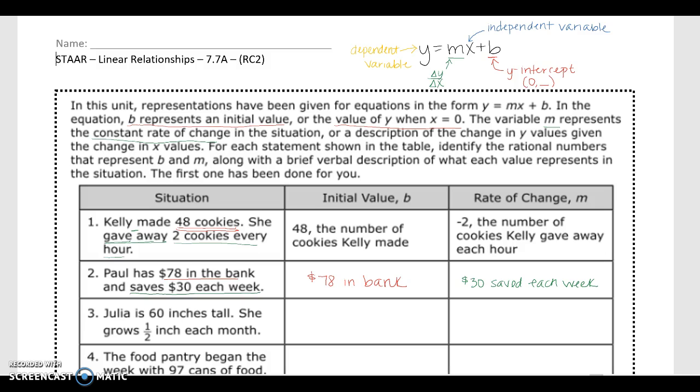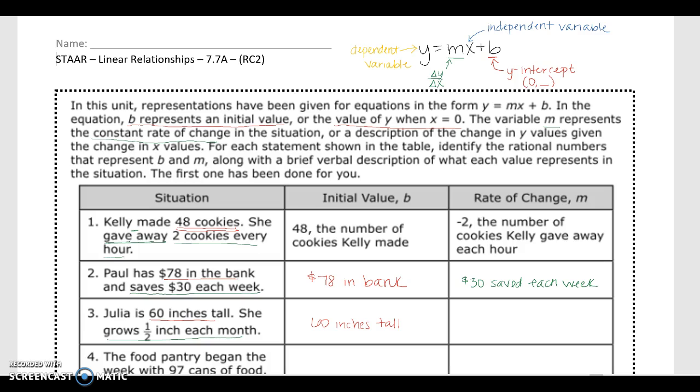Okay, next one. It has Julia is 60 inches tall. She grows half an inch every month. All right, so her starting point is that she is 60 inches tall. And then she grows half an inch each month.